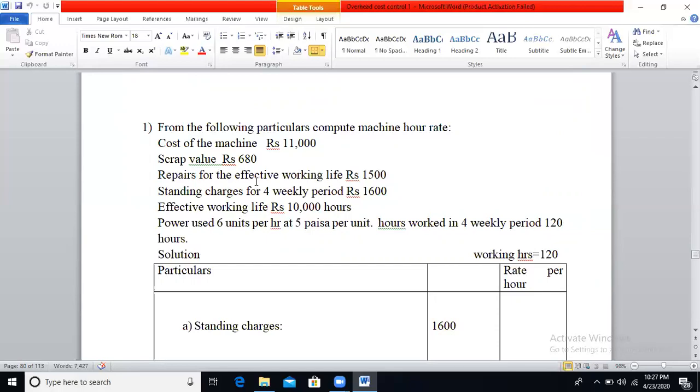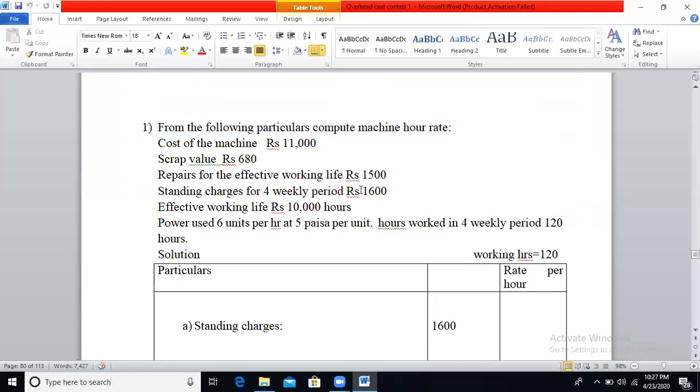First, you need to divide the expenses into standing charges and running expenses. So depreciation is a running expense or variable expense. Repairs also variable expense. Then they have given standing charges for 4 weekly period. Here for all standing expenses they have combined and calculated, and directly they have given standing charges.